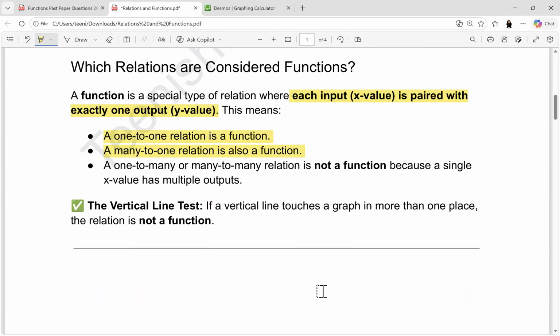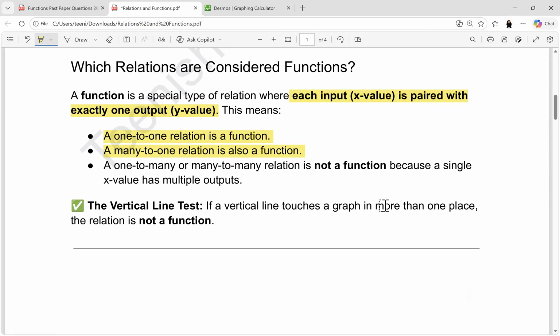And there are different tests that we can apply to see whether a graph represents a function or not. The vertical line test tells us if a graph is a function. You just draw a vertical line on any point on the graph, and that would tell us if the relation is a function, right?